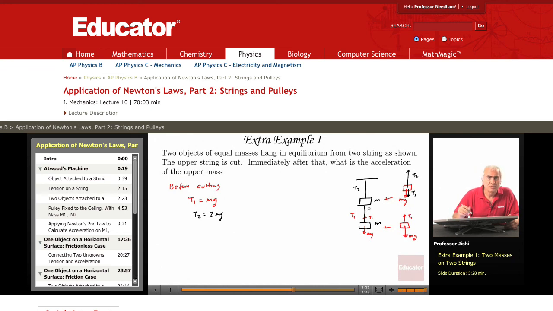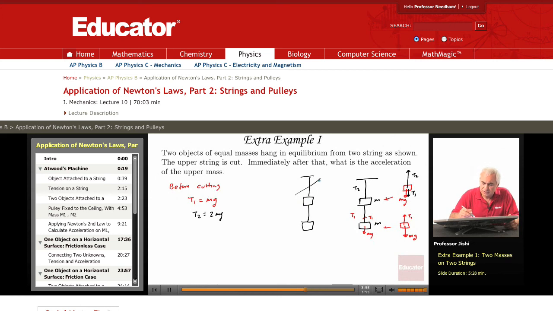Now we cut the string, the upper one. When I cut this, what do I have? I can ask what forces now act on the upper mass.